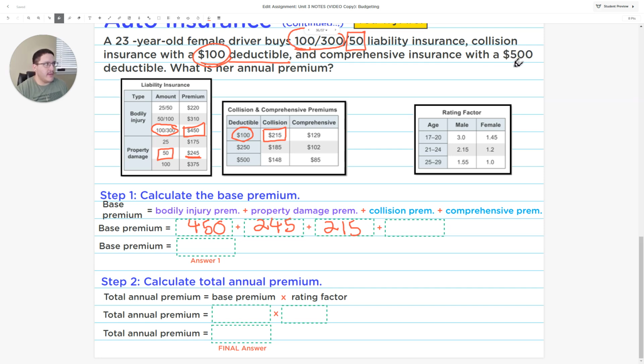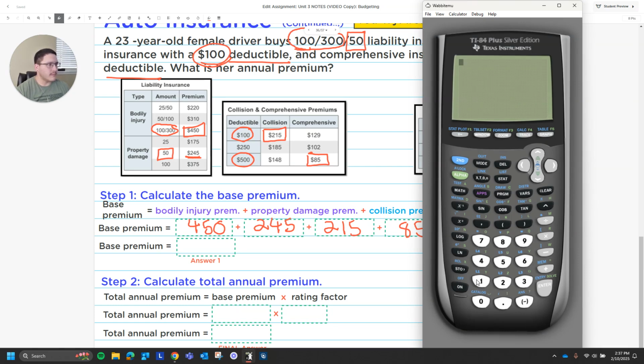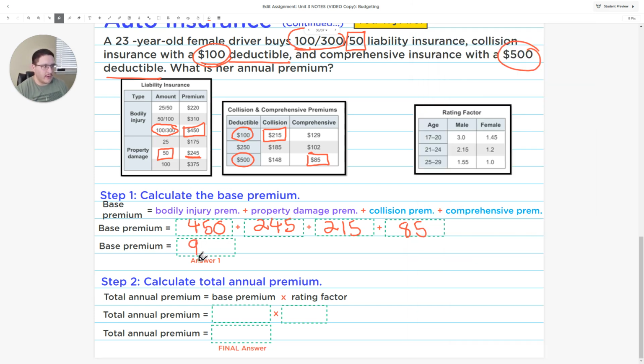And then comprehensive insurance is $500 deductible. So $500 for comprehensive, that's $85 right here. Now add that all together: 450 plus 245 plus 215 plus 85. Our total annual premium, or base premium, is $995.